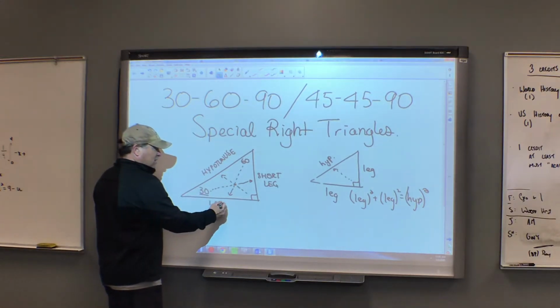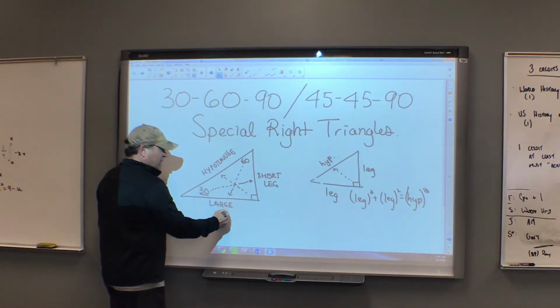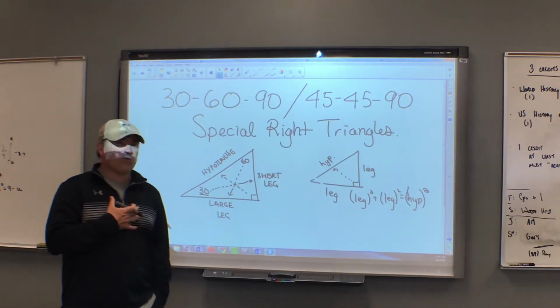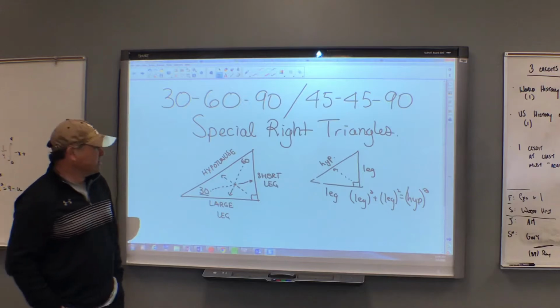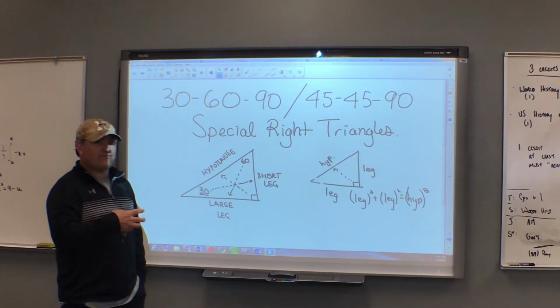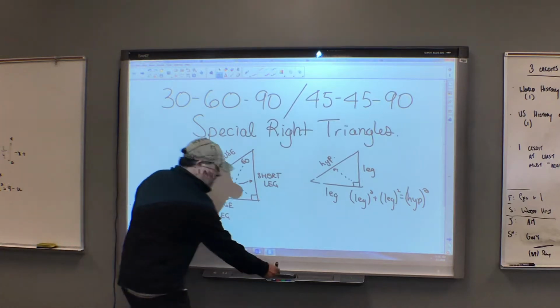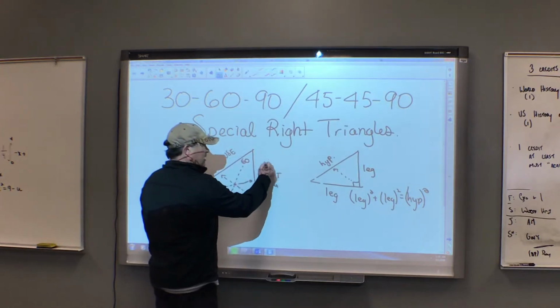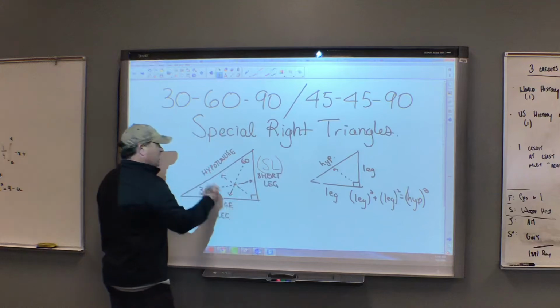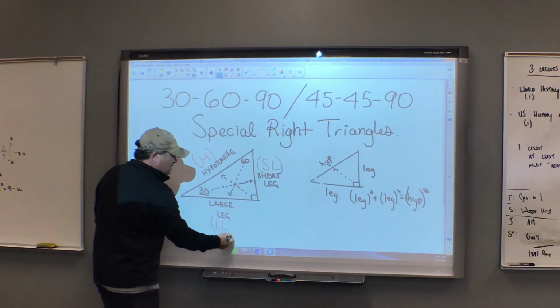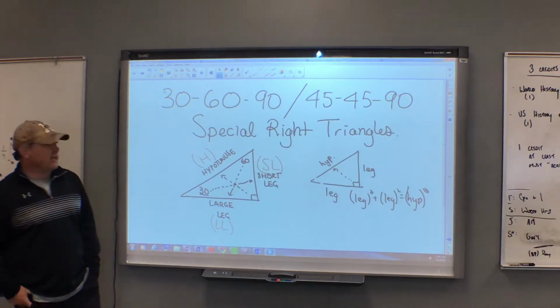I'm going to call it the long leg. For me, those names are important as we go forward, to define the relationships between the three sides. You're going to see me abbreviate these. Short leg, I'm going to do as SL. Hypotenuse, I'm going to do as H. And long leg or large leg, I'm going to do as LL.